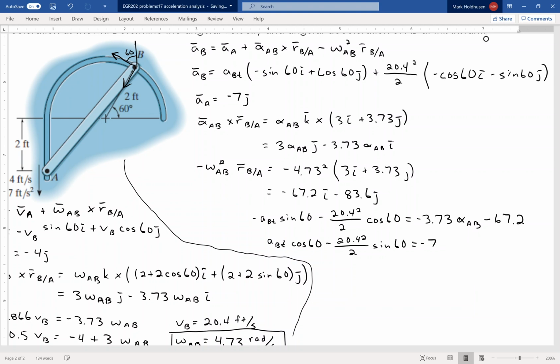That'll equal negative 7 plus 3 alpha_AB minus 83.6. Okay, now I've got two equations, two unknowns, the acceleration of B in the tangential direction, as well as the alpha of AB, which is what I'm looking for. I'll let you solve those equations since I don't have them right here, but at this point you should be able to figure out the rest of the problem.